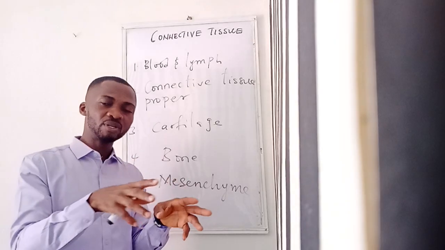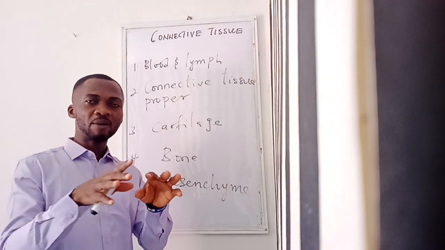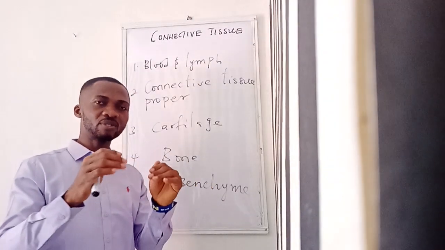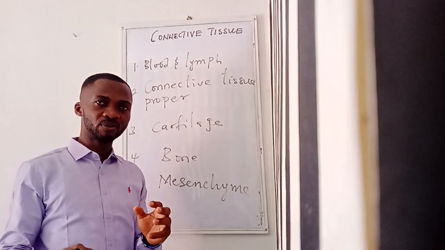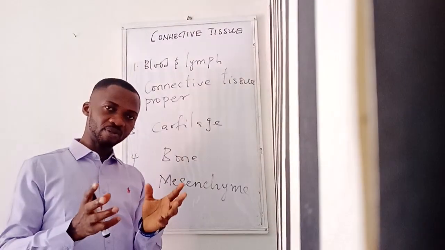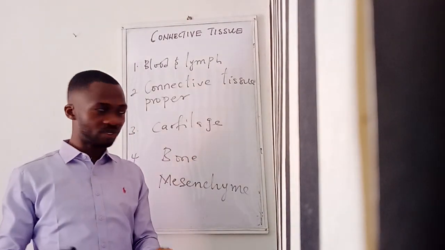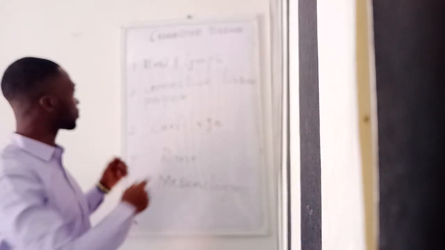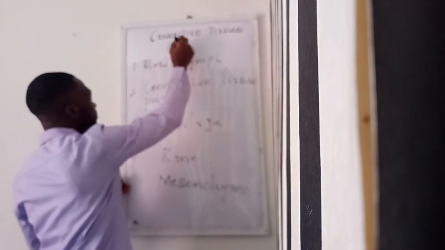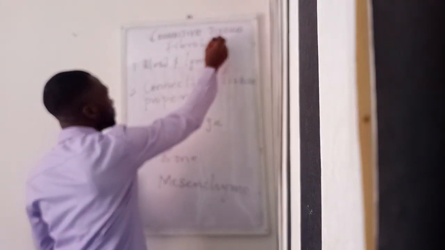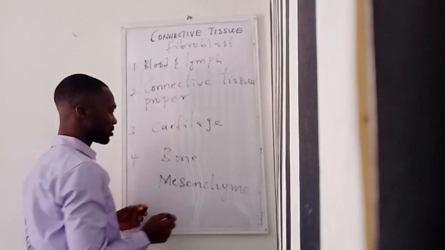And this space or spaces are made up of cells and the products of the cells. The cell that you find within these spaces is what we call the fibroblast.